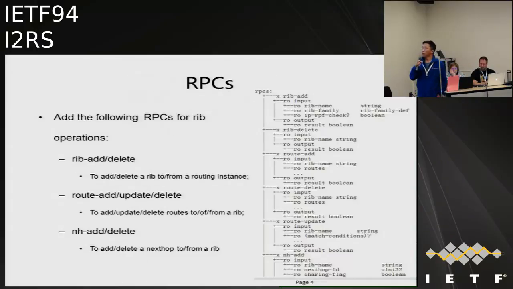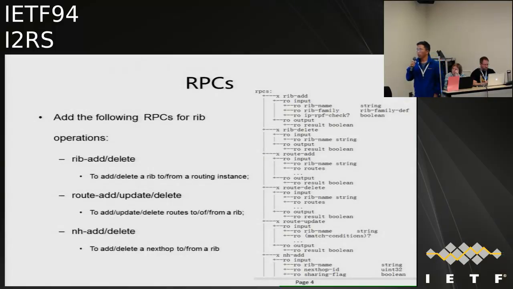Another big change made to this version is that we added the following RPC operations to the RIB model. First are the RIB add and delete operations, designed to add and delete a RIB to or from a routing instance.